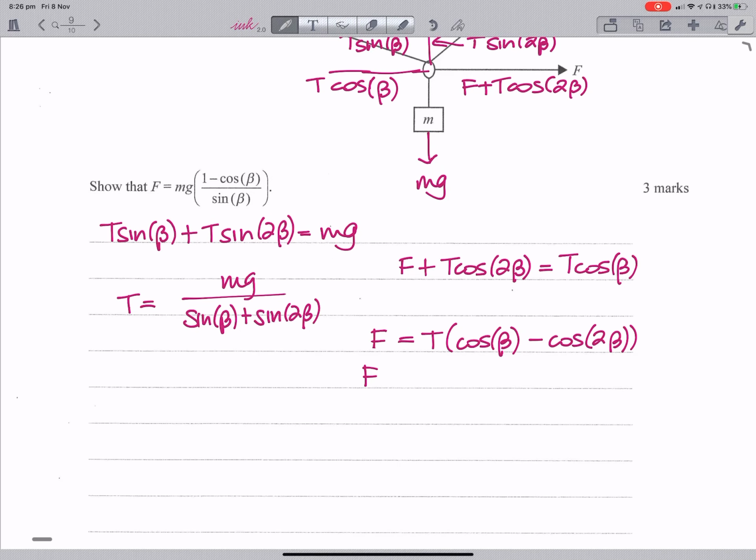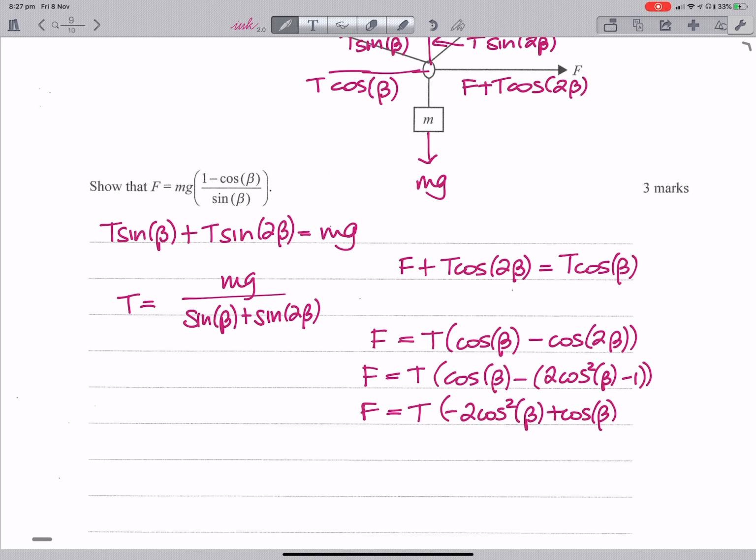Okay, what can we say? F is equal to T cos beta minus 2 cos squared beta minus 1, which we know T negative 2 cos squared beta plus cos beta minus 1.